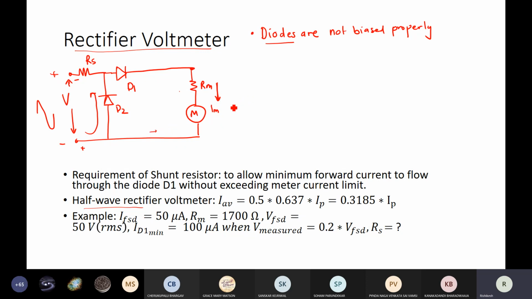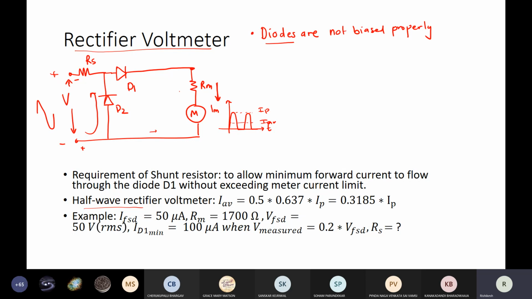If we plot the current flowing through the meter versus time, it will be this. So this is my peak current, some average will be this, and the RMS can be equivalently calculated.